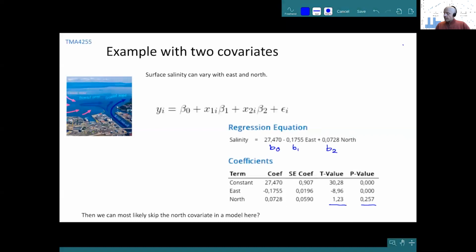And the p-value for east is very small, so we want this in our model. There's clearly an intercept that we benefit from. This fits the data quite well. But the north coordinate is having a large p-value. And then the natural question is to ask if north could just be ignored. Is it relevant? Perhaps it doesn't increase our predictive abilities when we use this model.